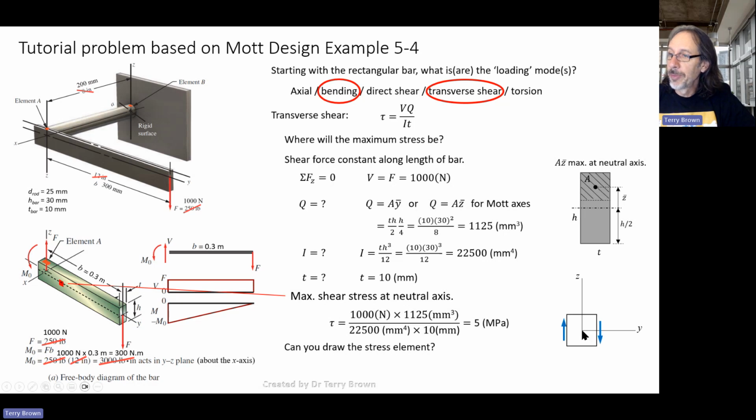But if we took moments about the center here or any other point, doesn't matter where, we can see that we've got an unbalanced moment, right? So this force on the left is causing a clockwise moment about this point, and the shear stress on the right-hand side is also causing a clockwise moment. Right? So we need our transverse shear, or a complementary shear rather, going along the length.